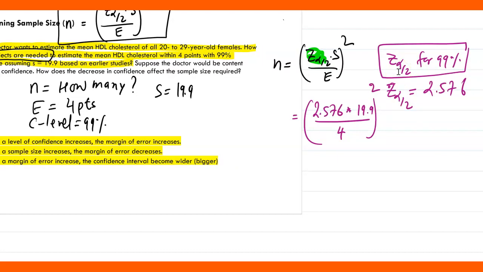Okay, let's do everything in the calculator. Let me do that for you.